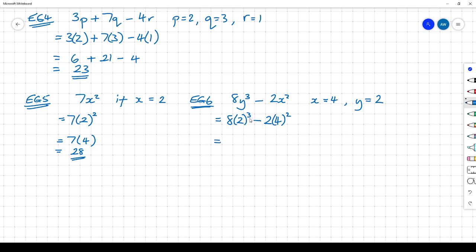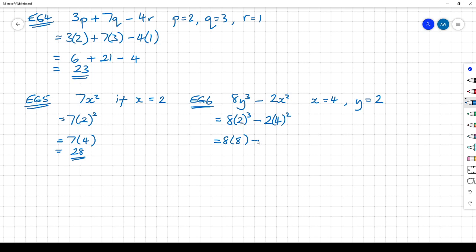Now we work it out. Indices first. Do the 2 cubed first: 2 times 2 times 2. 2 times 2 is 4, times 2 is 8. Don't make the mistake of thinking 2 cubed is 6. That's the most common mistake with this question. It doesn't mean 2 times 3, it means 2 times 2 times 2.